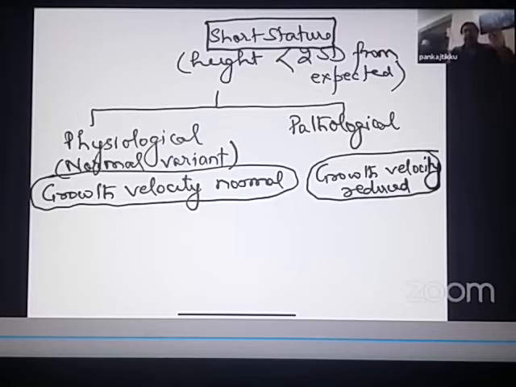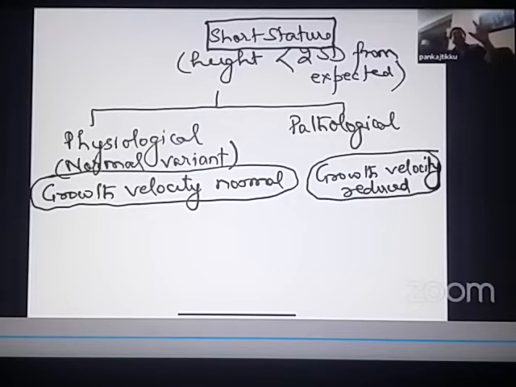What is the length in a 1-year-old child? 75 centimeters. So how much length increased in the first year? 25 centimeter length increase in the first year. So what is the growth velocity in the first year? It is 25 centimeters. So growth velocity is the height increase in 1 year, approximately 1 year.